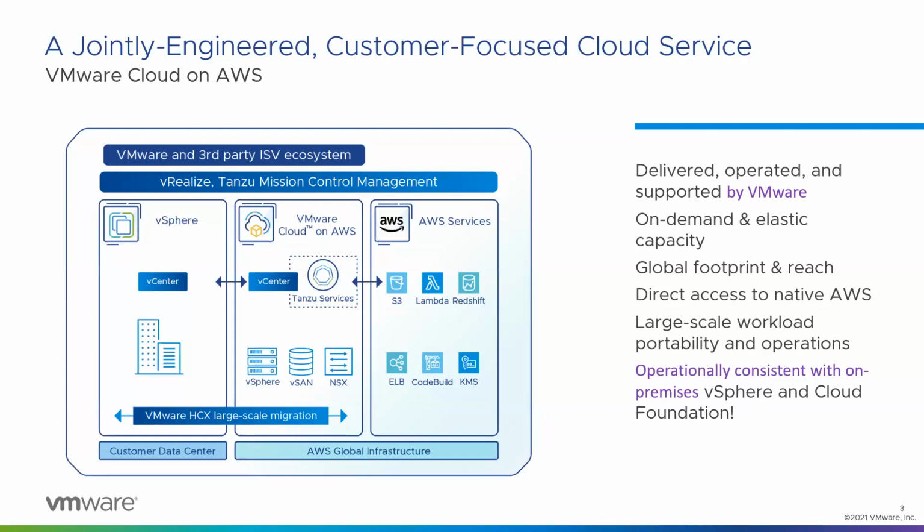The good thing, we have everything packaged together, vSphere, vSAN, NSX. We have it bundled, and we are managing lifecycle management for you. And as we are deploying on top of bare metal AWS hosts, you have access to native AWS services, and we do support workload portability and operational efficiency.